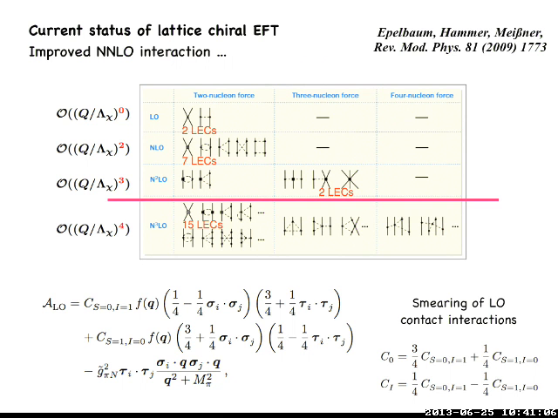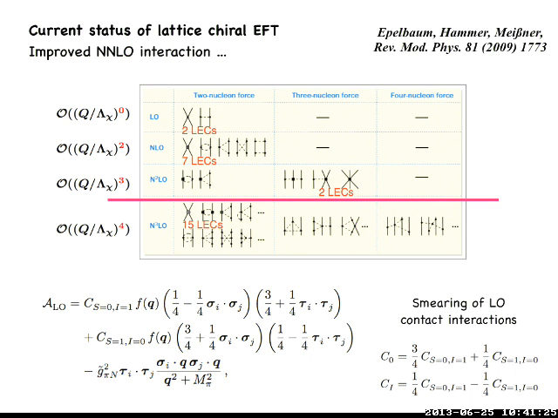Usually one would write it in this form. There are many ways that you can write this, but a more familiar expression is this one, where you have an amplitude that looks like this.